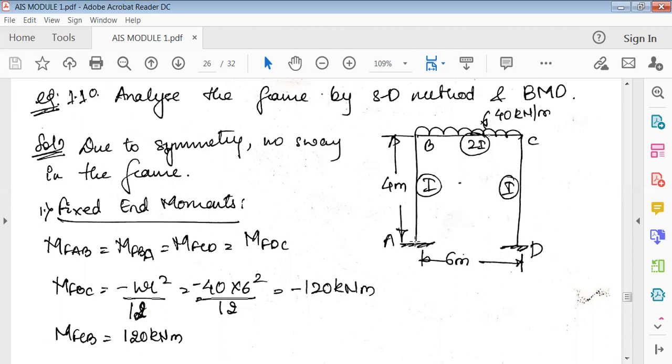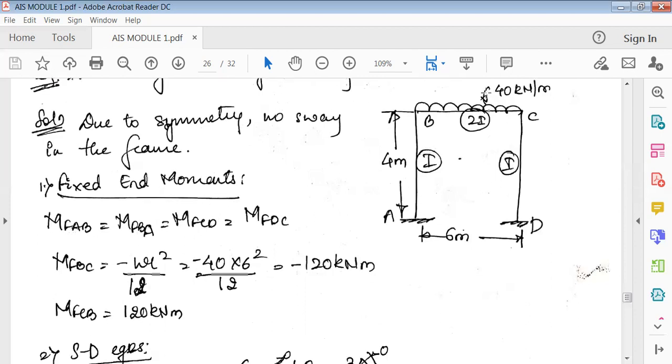Similarly, in CD there is again no load, so MFCD and MFDC are zero. There is no horizontal load anywhere. So MFAB = MFBA = MFCD = MFDC = 0. There are no loads.